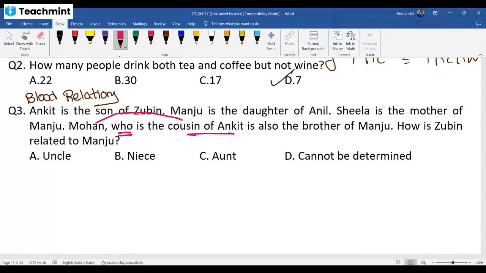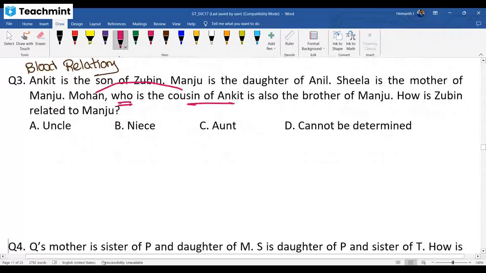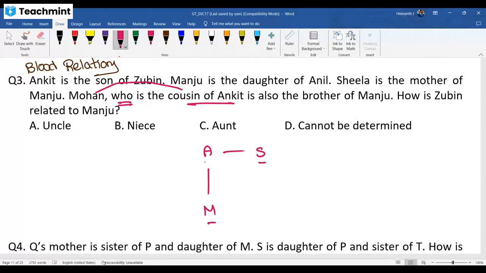So Ankit is son of Jubin. Manju is daughter of Anil. Sheila is the mother of Manju. Mohan is the cousin of Ankit, and Mohan is the brother of Manju.